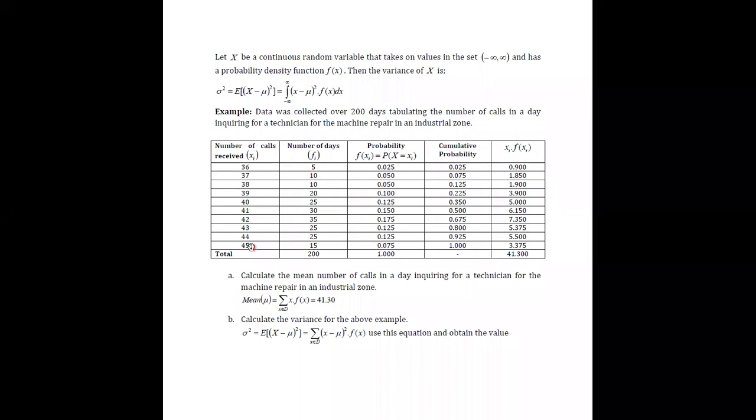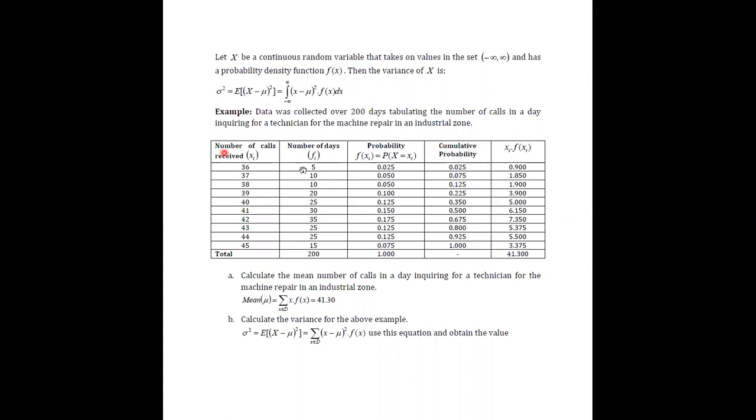For the last row, there are some days they got 45 calls, and there are 15 such days. The total of these days should be equal to 200, because they have observed it for 200 days.